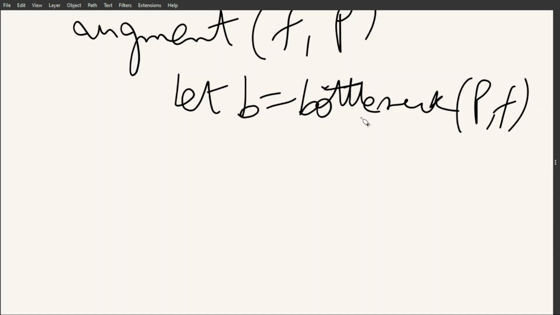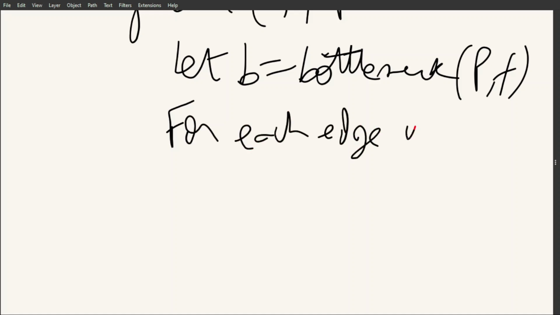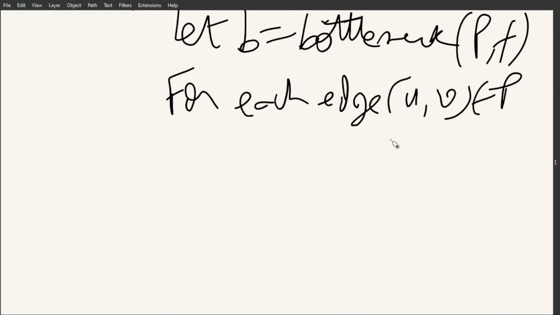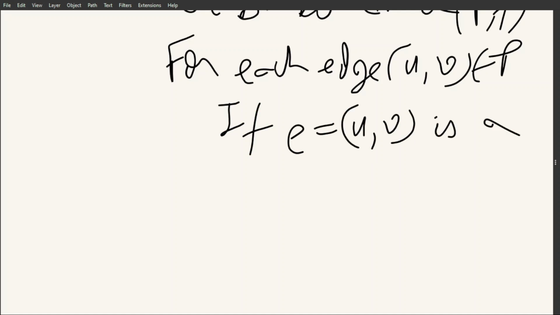Now we consider each edge along the path one by one. For each edge (u,v) along the path P, there are two cases. It is a forward edge or it is a backward edge. According to the two conditions, first we check if e equal to (u,v) is a forward edge.